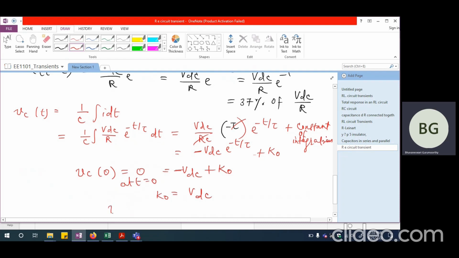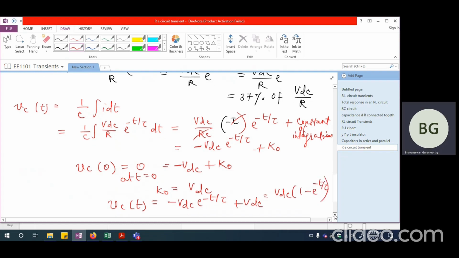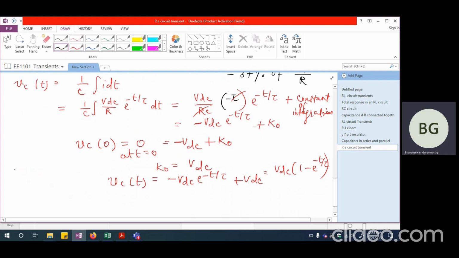So now I can write Vc of t equal to minus VDC multiplied by e power minus t by tau plus VDC. So this happens to be VDC multiplied by 1 minus e power minus t by tau. If I draw the voltage curve for the capacitor, so this is Vc, and this is time.